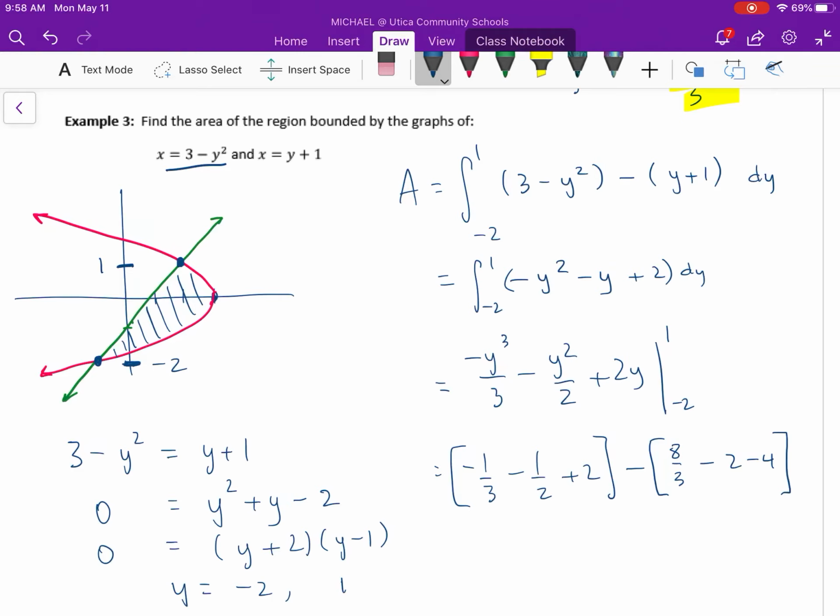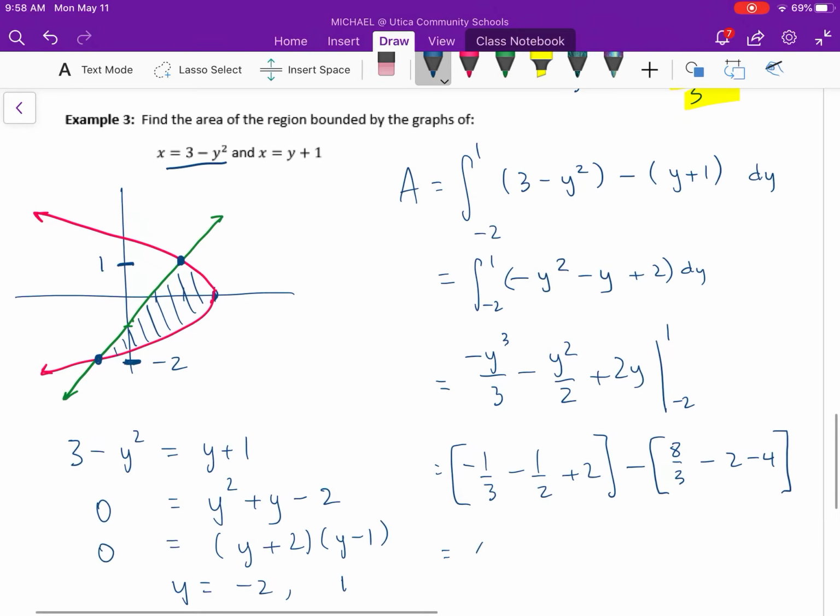And again, I'm going to need a calculator for that. -1/3 minus 1/2 plus 2 minus that quantity of 8/3 minus 2 minus 4 gives me a total of 4.5 again.